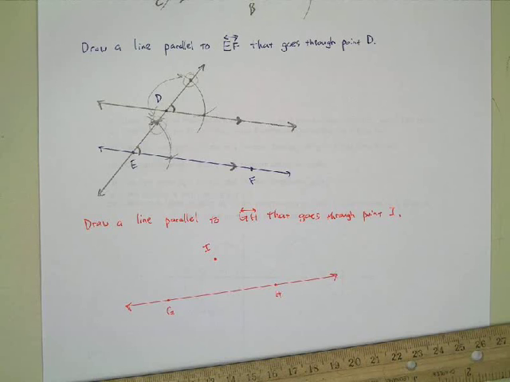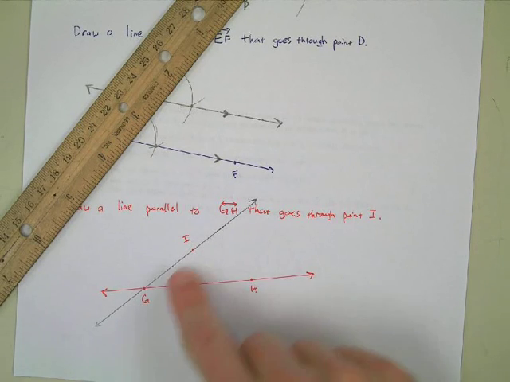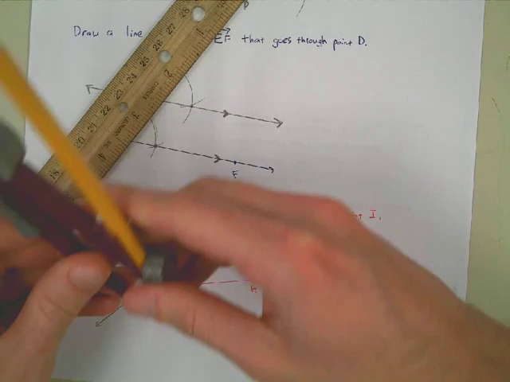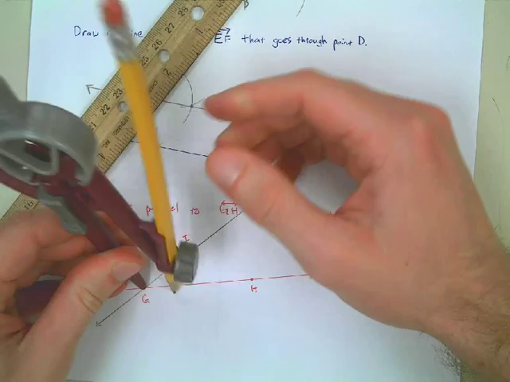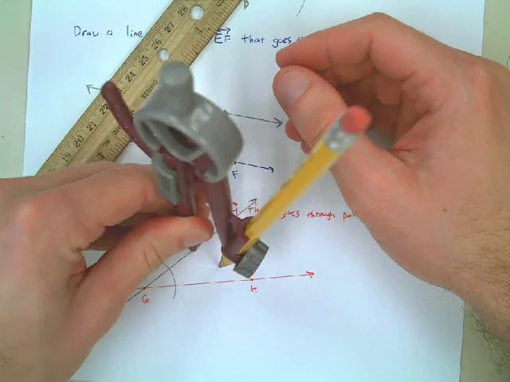So, hopefully we all got to that point, right? We start by drawing a transversal. And then that creates this angle here, IGH, which we want to then construct a corresponding angle, so we'll do the arc through that, and do the same thing from point I. And that creates those two points. I'm going to mark that off.